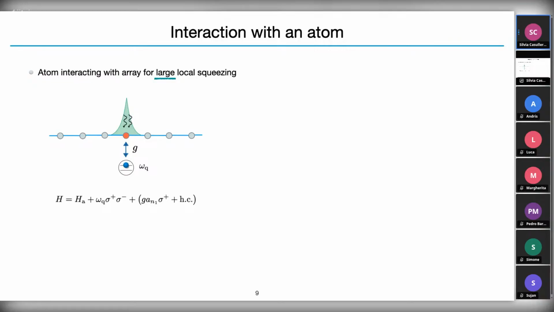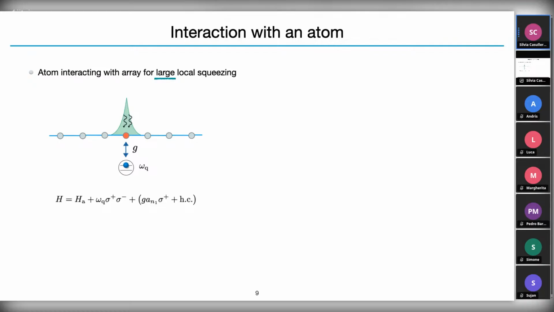The interaction that we are considering is one atom coupled to only one cavity. The Hamiltonian is the Hamiltonian of the array, the frequency of the qubit, and then a normal coupling that exchanges excitations between the cavity and the qubit.